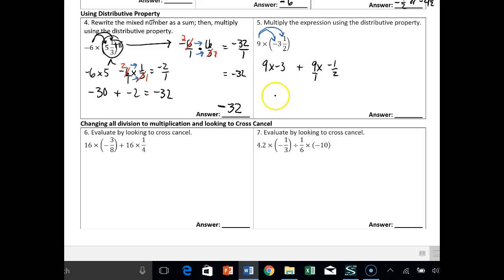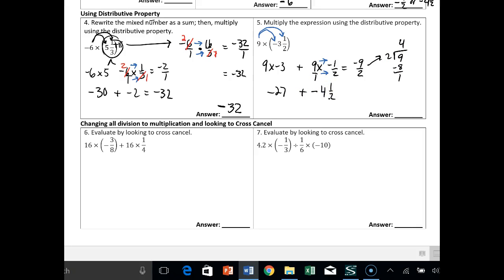So this gives me negative 27 plus 9 times negative 1/2 going straight across, which is going to give me negative 9 over 2. Now that's going to be kind of hard to add to negative 27, so let's change that to a mixed number, excuse me. 2 goes into 9 4 times with 1 left over, so plus a negative 4 and 1/2.